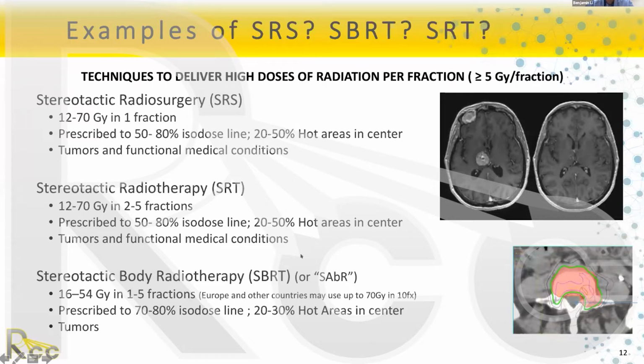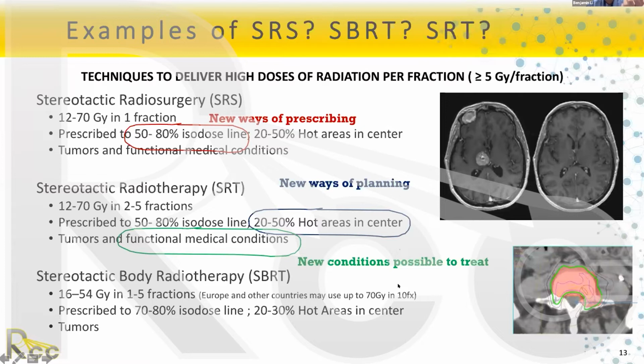Similarly, for stereotactic body radiotherapy, we also have high doses in few fractions. Commonly in the US, it's 1 to 5 fractions, because that is how we bill the insurance companies. But really, any treatment that is high dose per fraction can be considered as SBRT. So in Europe and some other countries, they might use 70 gray in 10 fractions.